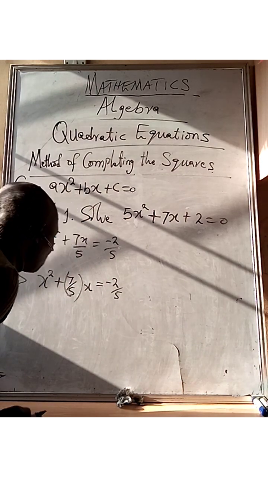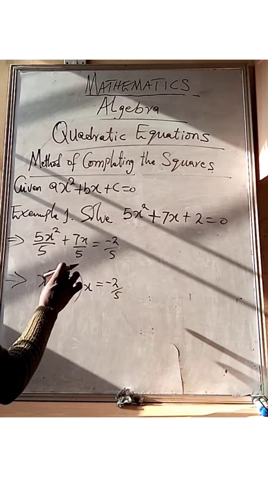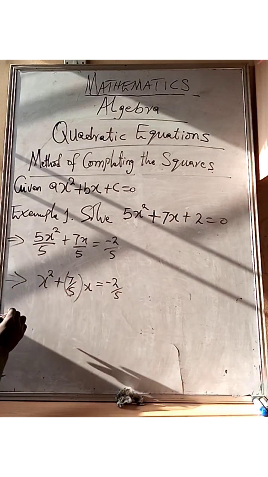Then at this point we complete the squares. Half of 7 over 5 is 7 over 10. So if we square it, it will now be 7 over 10 squared, and that is what we are going to add to both sides.